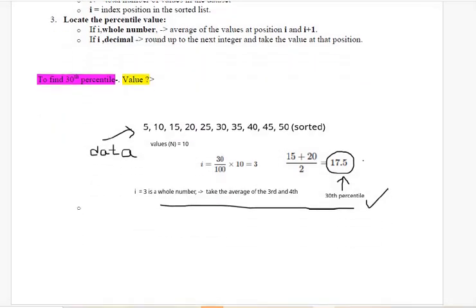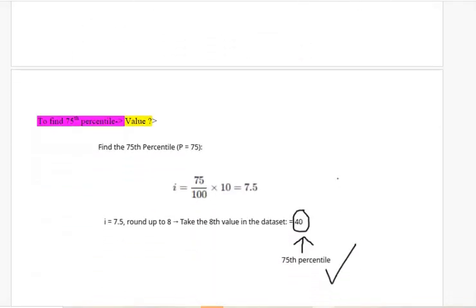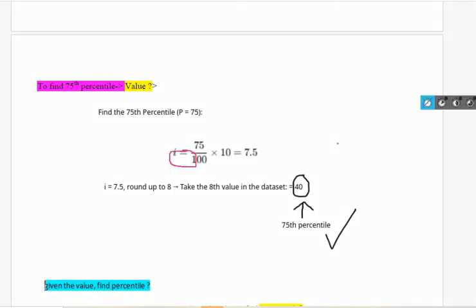So now let's see another example. Now we are calculating the 75th percentile. To find the 75th percentile, apply the formula: 75 by 100 into number of values, 7.5 we got.